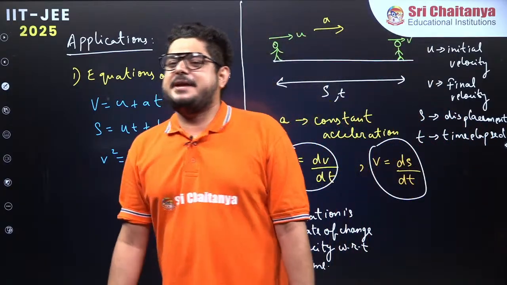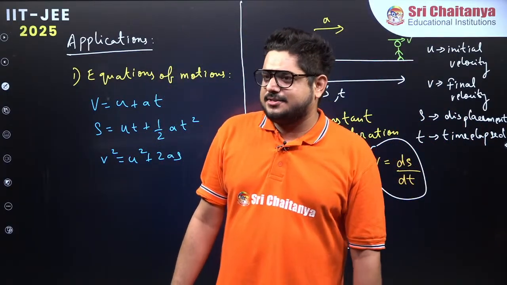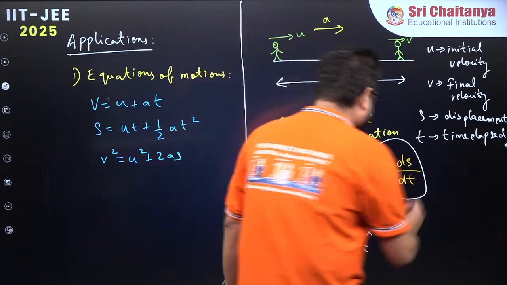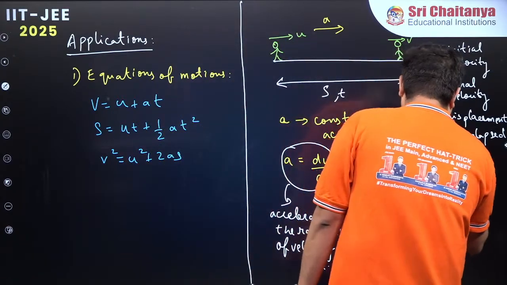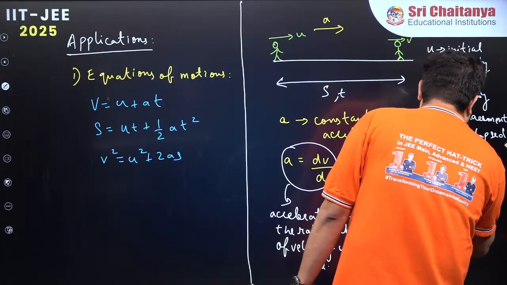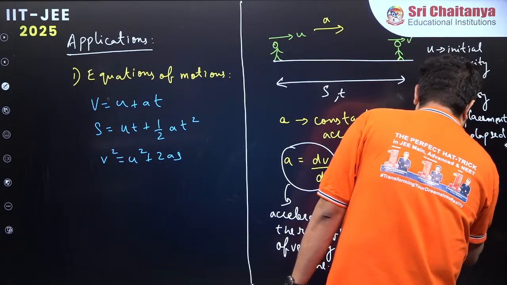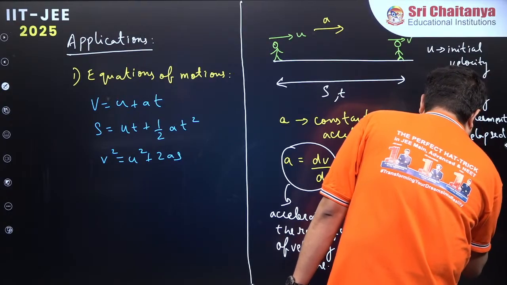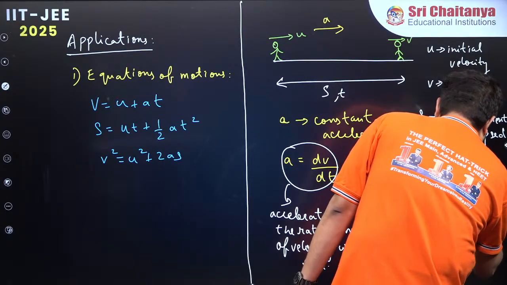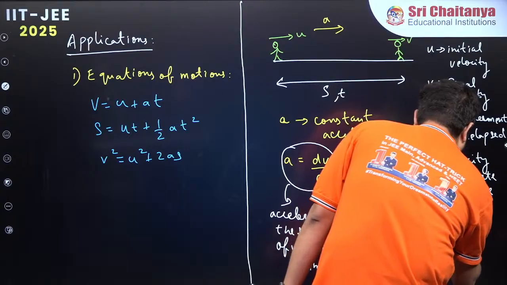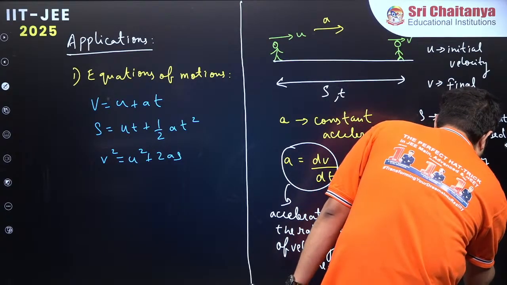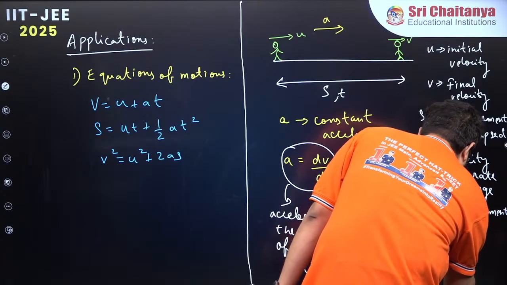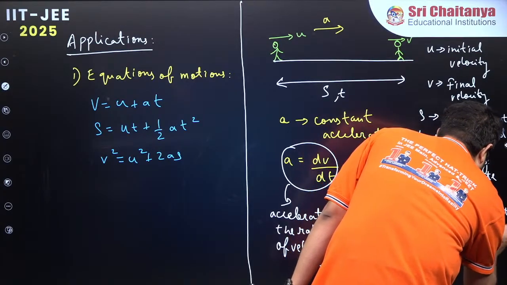This expression will have its own significance, isn't it? So this ds by dt is going to be, you can say, velocity is the rate of change of displacement with respect to time.